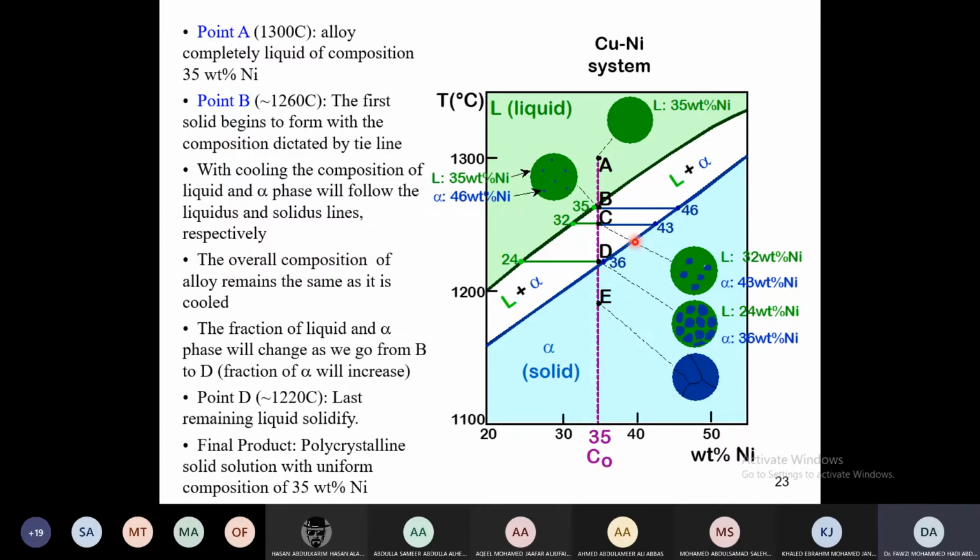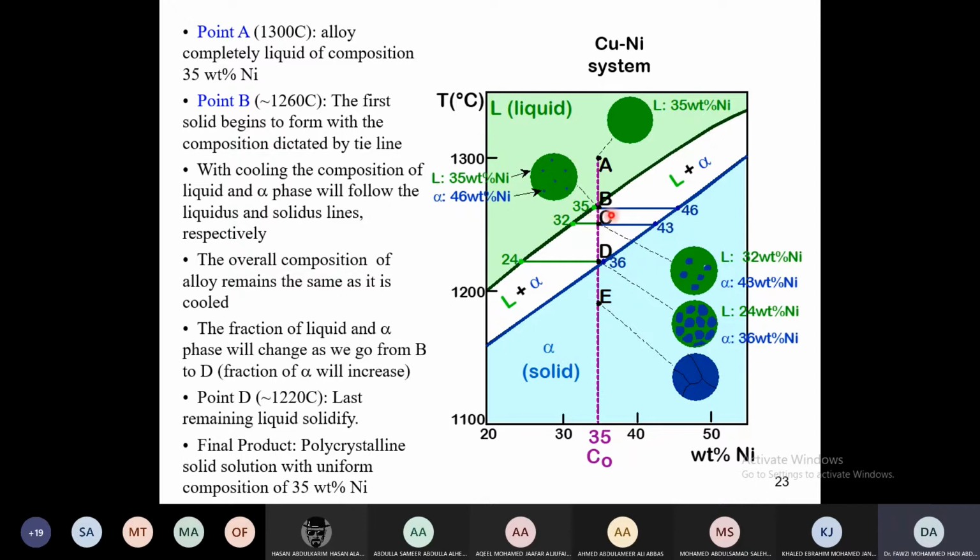This is the solidus line, so this gives the composition of the solid, which is 46, and when we strike the liquidus line, we get the composition of the liquid, which is 35% by weight nickel.